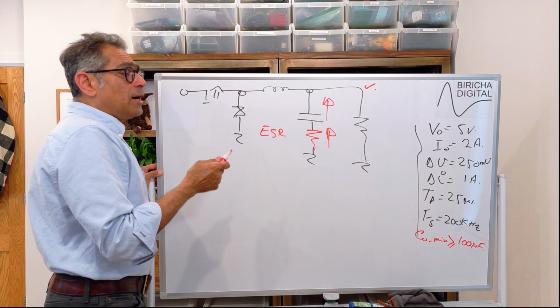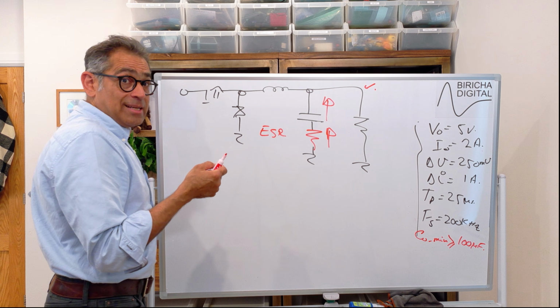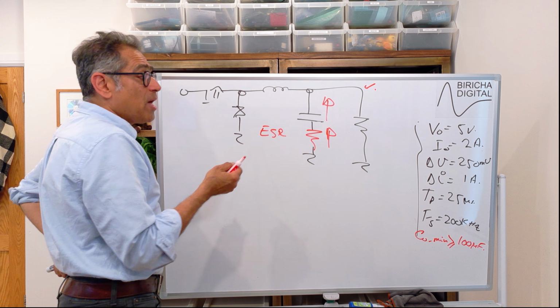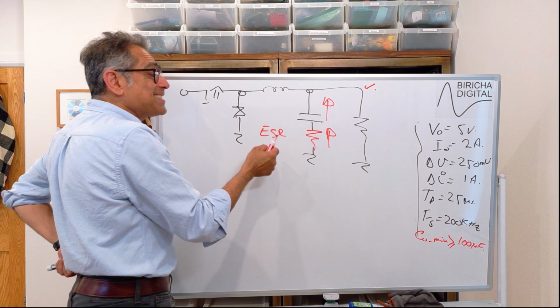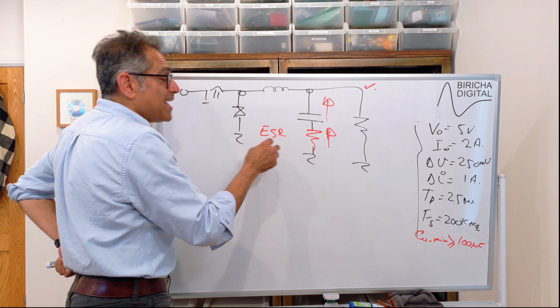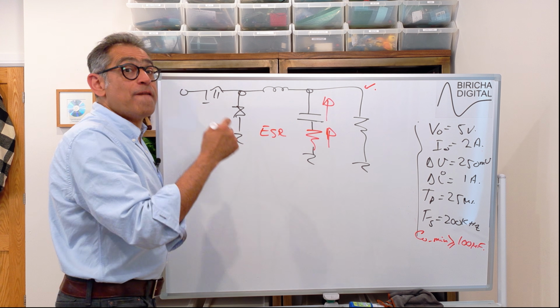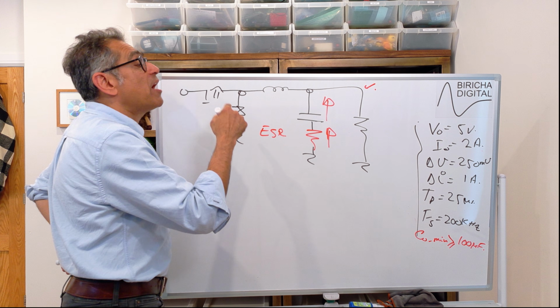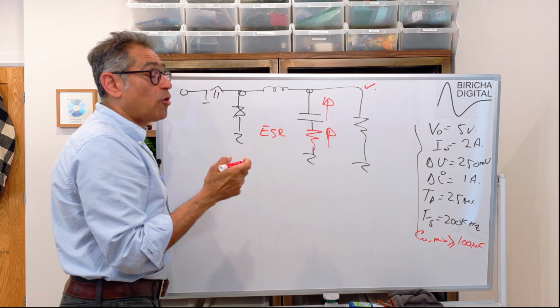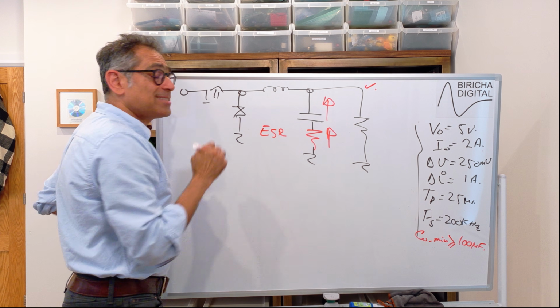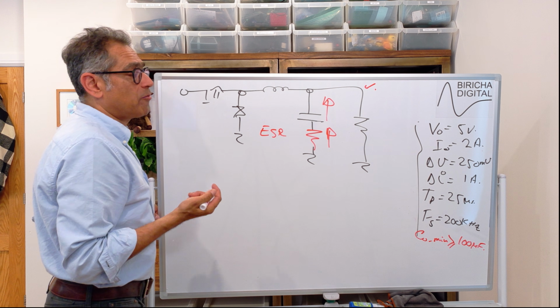Now, very similar to the ceramic capacitor example, whereby we ignored ESR because we said that it was negligible. Actually, the amount of ripple that is as a result of ESR for the electrolytic capacitor is by far greater than the amount of ripple that we get as a result of the capacitance at the switching frequency, which is where our ripple is.